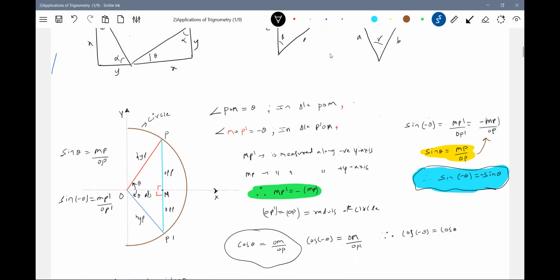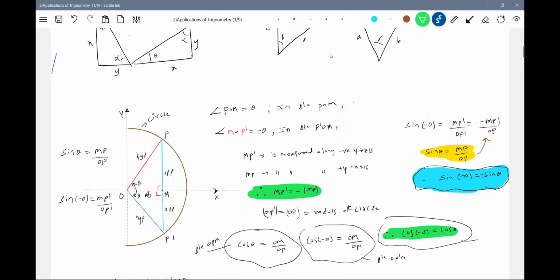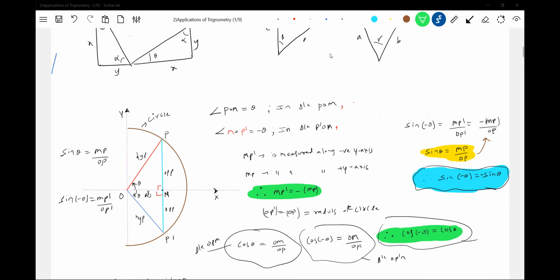So what we can conclude here is that cos of minus theta is equal to cos theta. One more identity we have brought in. That is very important for us in the mathematical part when we go forward.